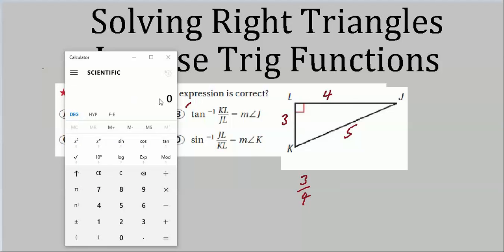And we can punch that in here and take our inverse tangent. So that's 0.75. Well, I don't see inverse tangent here anywhere. We probably need to shift. There we go. 36.89. Okay. That sounds about right.